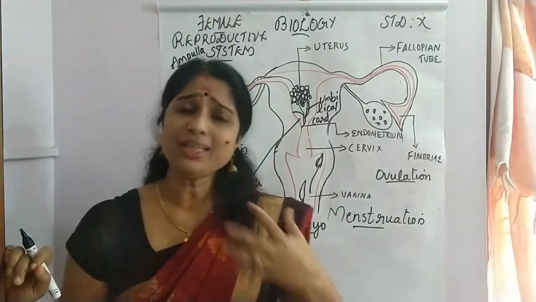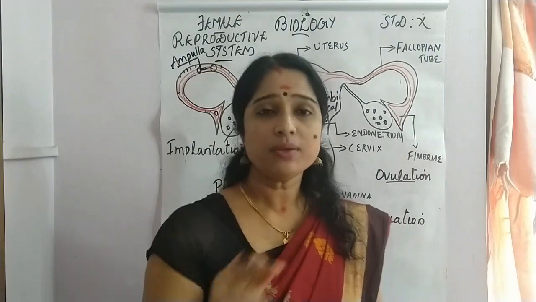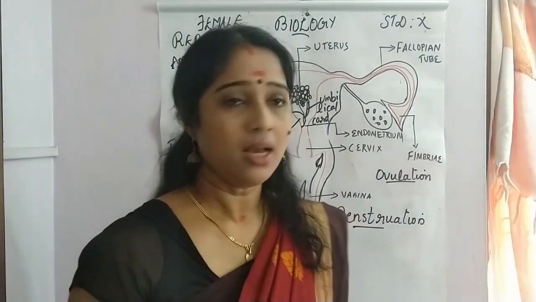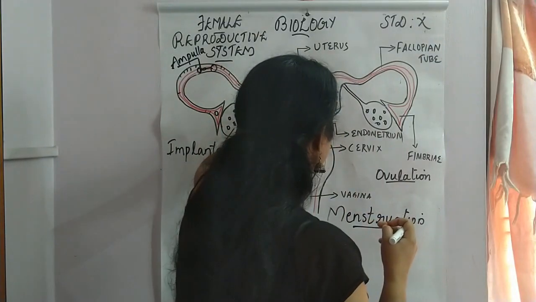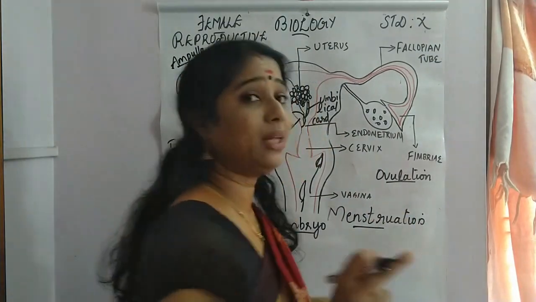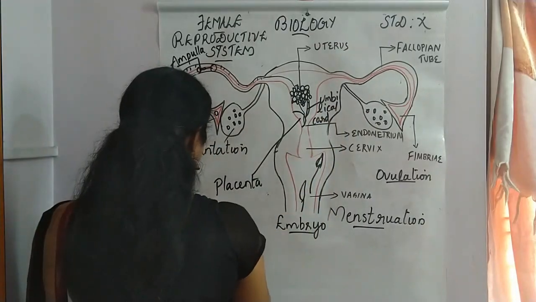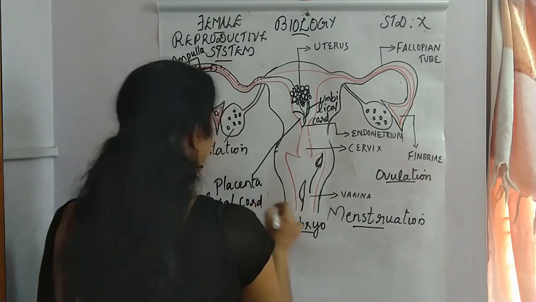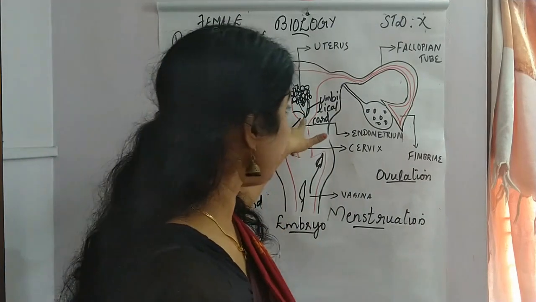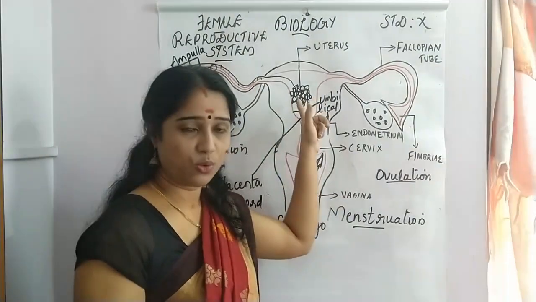Clear? For that, immediately a structure is formed inside the inner wall of the uterus. That structure is known as the placenta. It is connected to the embryo by means of the umbilical cord. Through this umbilical cord, the food materials, oxygen, etc. are transported to the embryo.